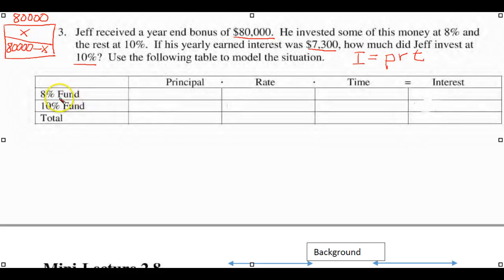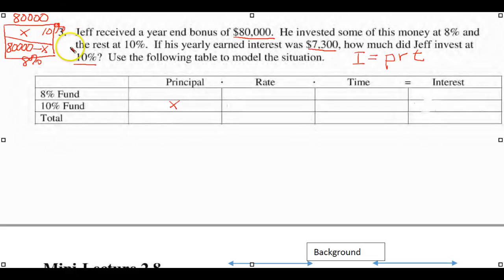So, how much did he invest in the 10%? Well, we don't know that, but that's what they want. So I'm going to say that this is the X part of that principal of the 80,000. And we're going to say then this is 10%. Let's just put it here. And this one will be the 8%.